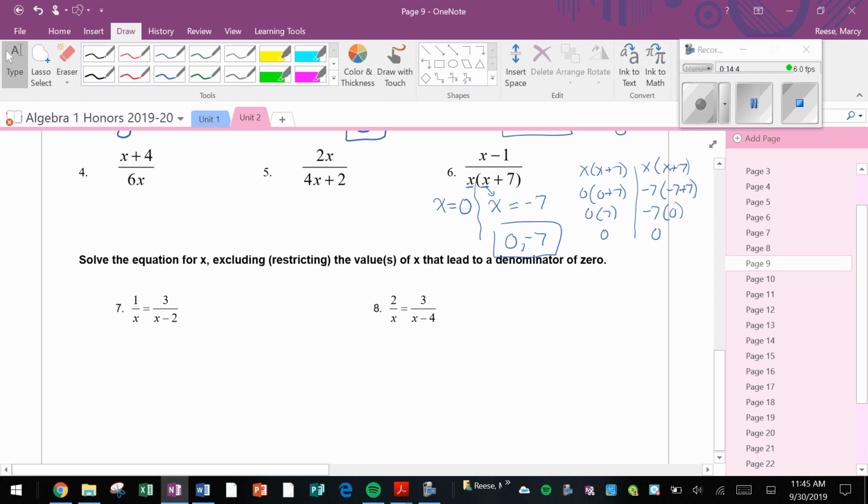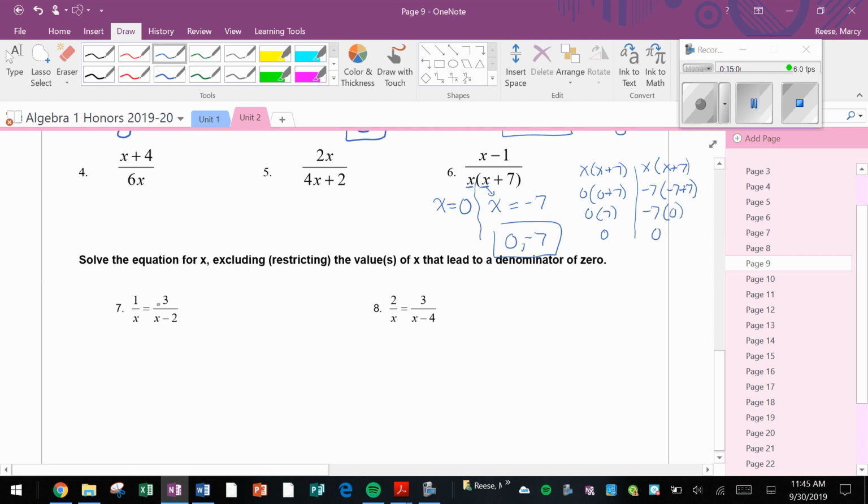Okay, now, this is review. This is the part that should be review for you. Now, it's to solve the equation for x, excluding or restricting the values of x that lead to a denominator of 0. So in this case, first thing I'm going to do is look at those denominators.